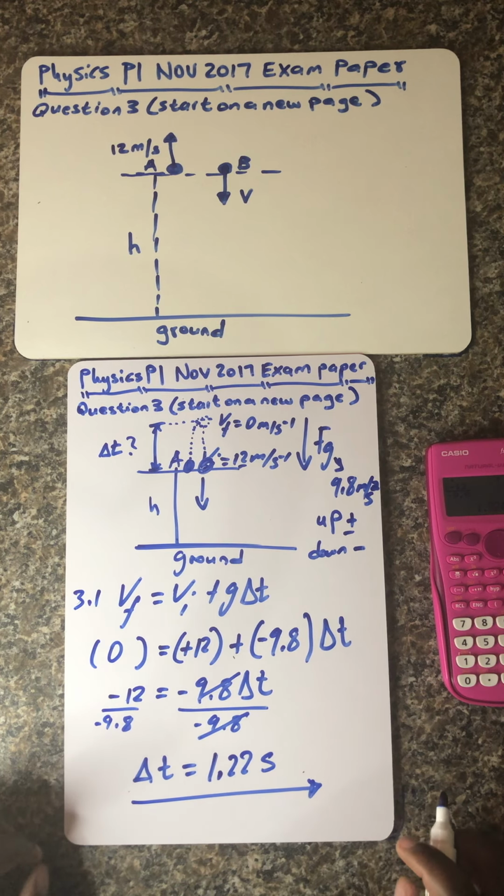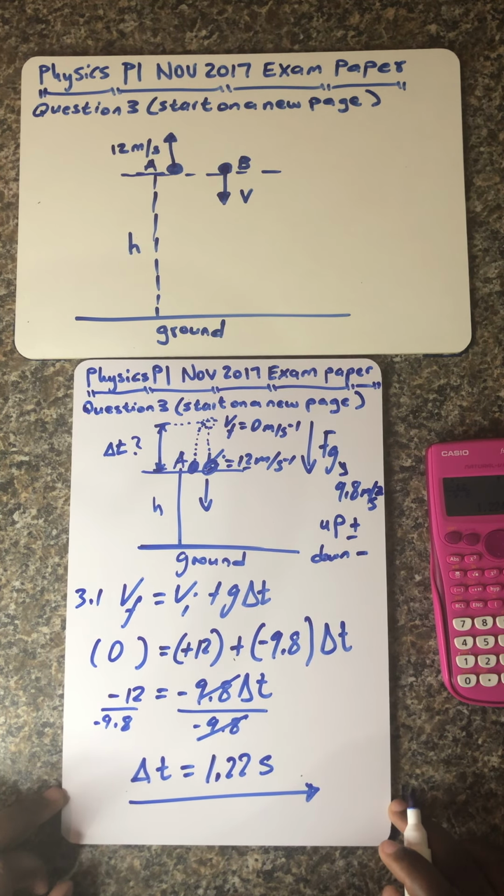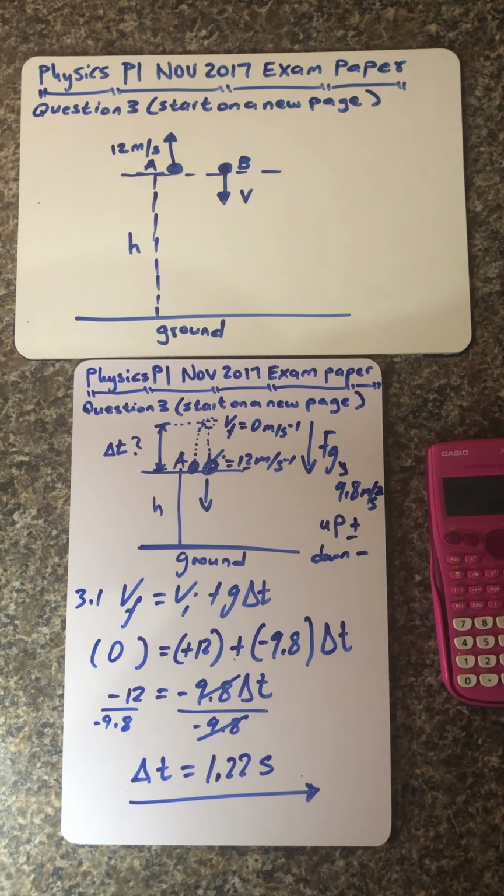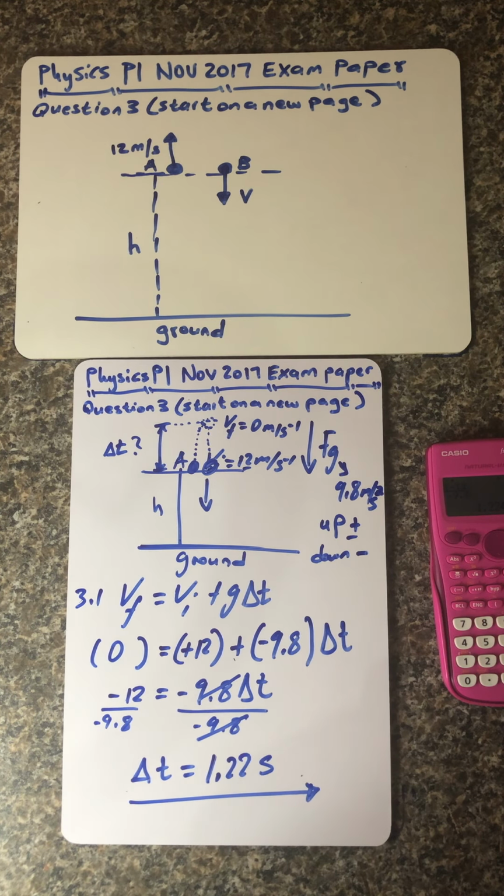That is the time that it takes for object A, or stone A, to reach its maximum height. So I assume you understood. This was a straightforward question and a straightforward answer.